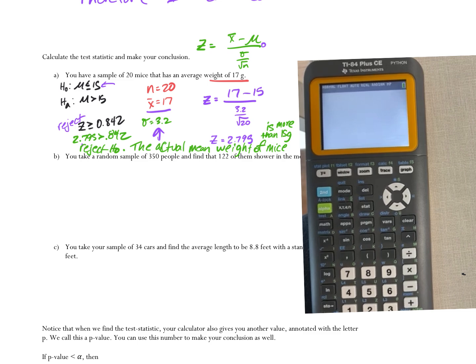All right, so when we look at part B, our null hypothesis, if we go back a couple examples, less than 1.645.